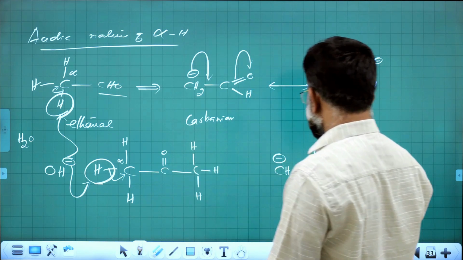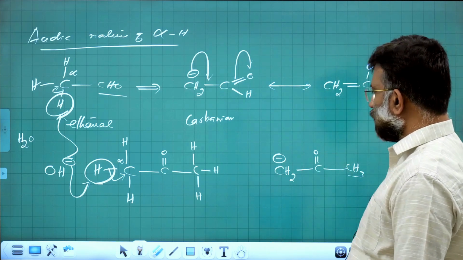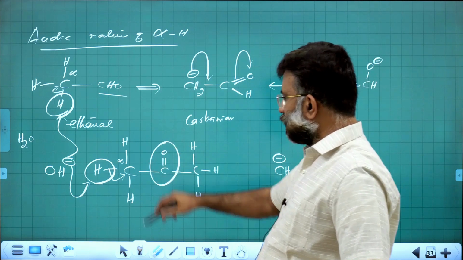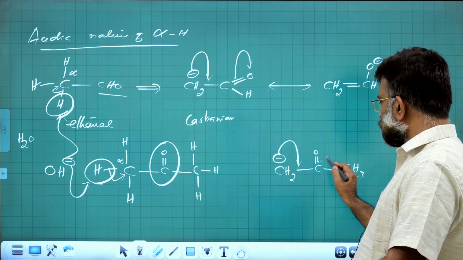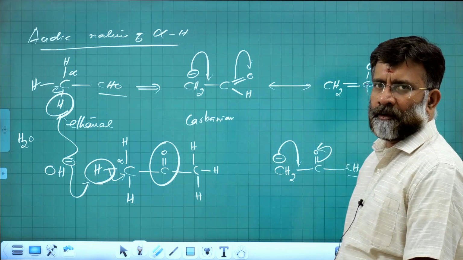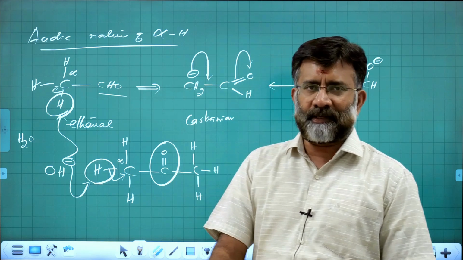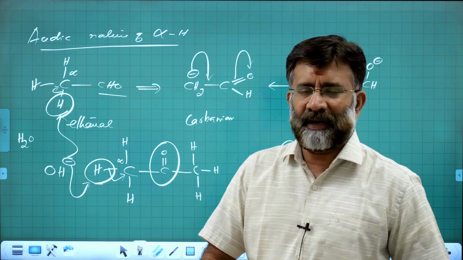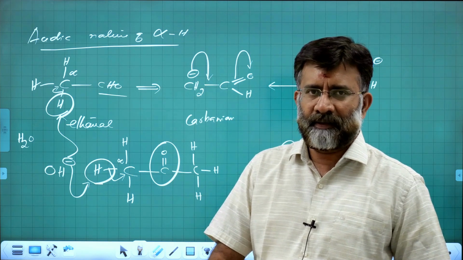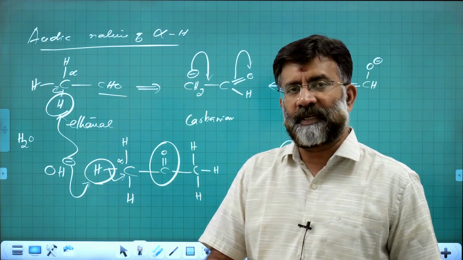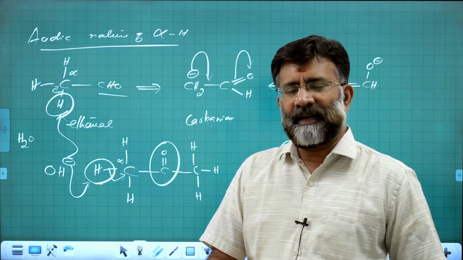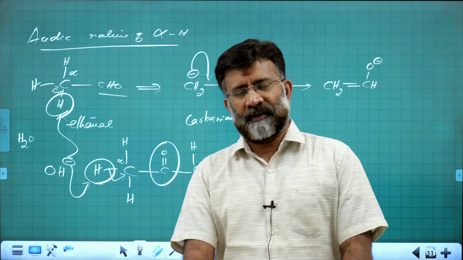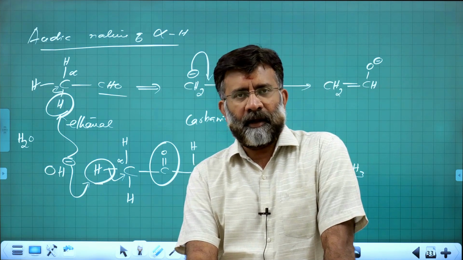The electron withdrawing effect of this nearby group is able to stabilize the carbanion by resonance like this. So due to such resonance stabilization, the carbanion is stabilized, due to which H plus is released. Is that clear? This acidic nature of alpha hydrogen is triggering aldol condensation.